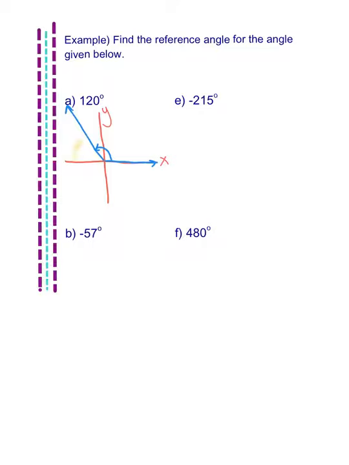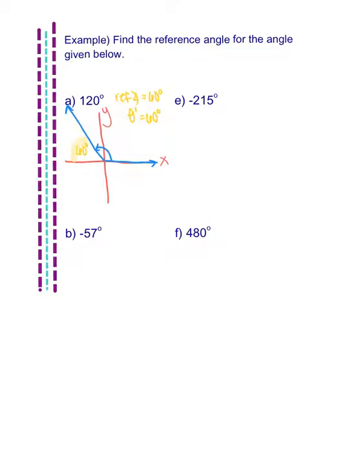This right here is the reference angle. So if this is 120 degrees and I know 180 degrees is where I'm looking at going, I see my reference angle is 60 degrees because that's how much more I would need. So reference angle is 60 degrees, or sometimes theta prime is 60 degrees for 120 degrees.